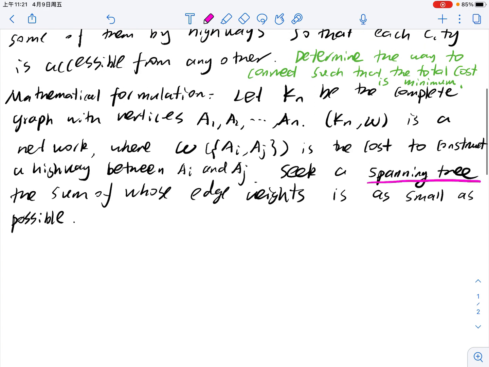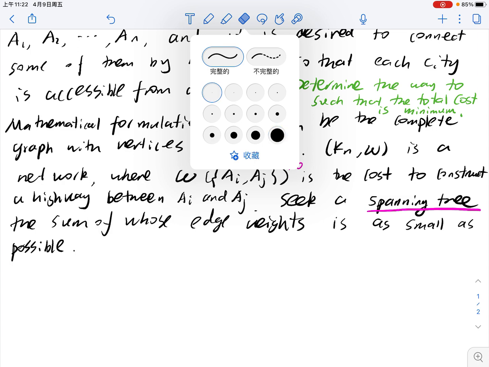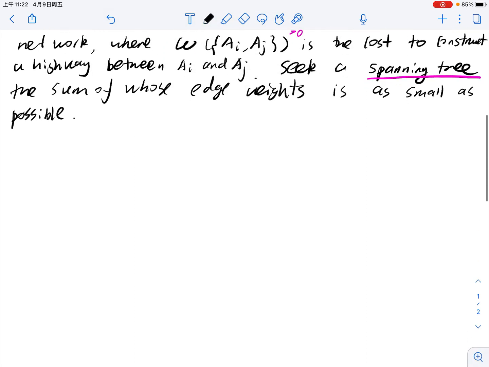In the real problem, it didn't mention the spanning tree, but if we want to minimize the cost, we can always reduce the subgraph to a tree by deleting some unnecessary edges. Since the weight is always non-negative or positive, when you drop some edges, the cost is reduced.